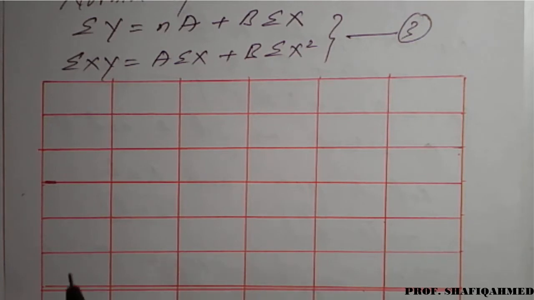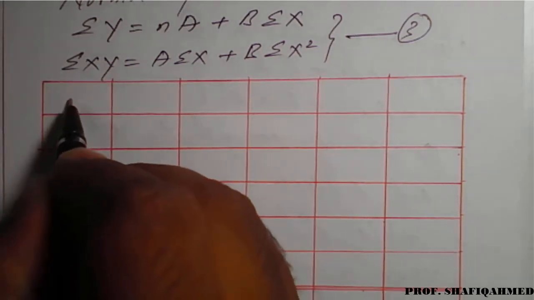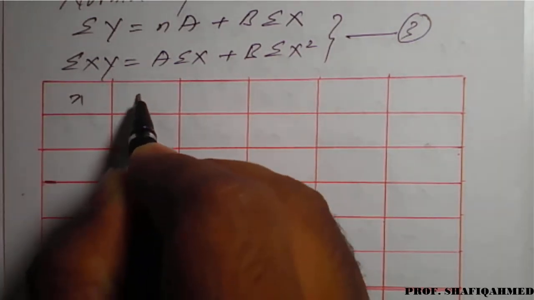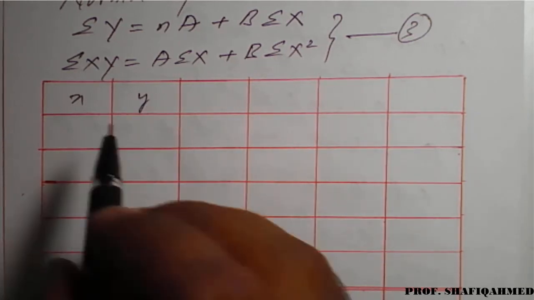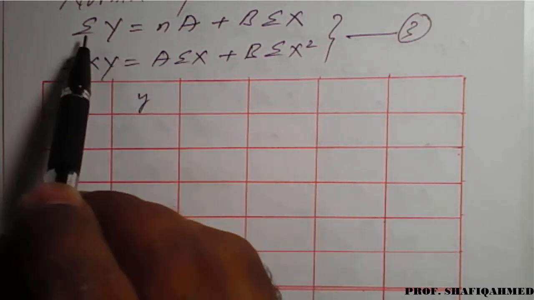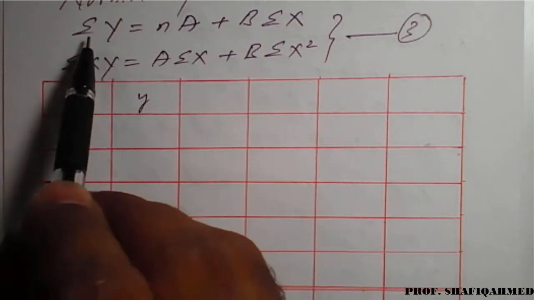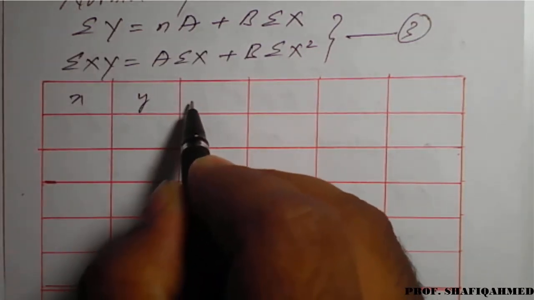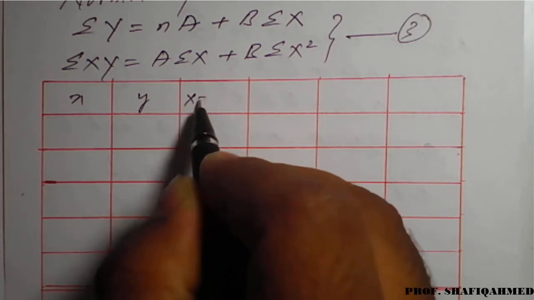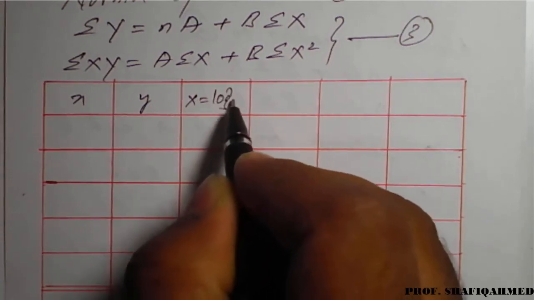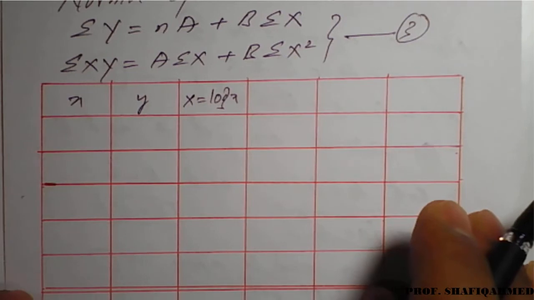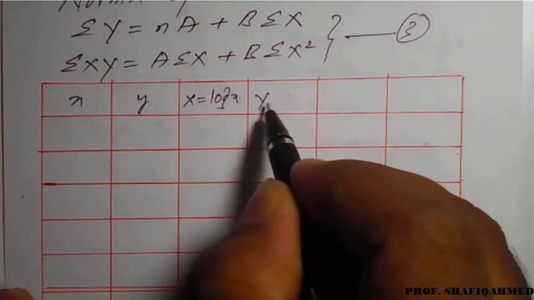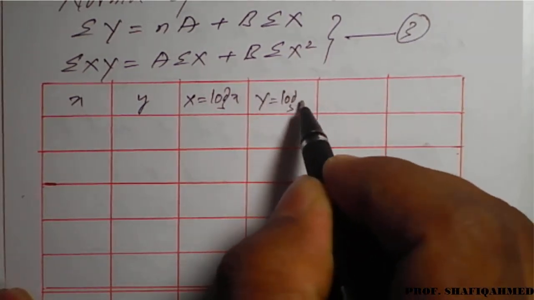Now in the table, this is the x column and the small y column. Then we actually need capital X and capital Y, where capital X is nothing but log of small x and capital Y is nothing but log of small y.